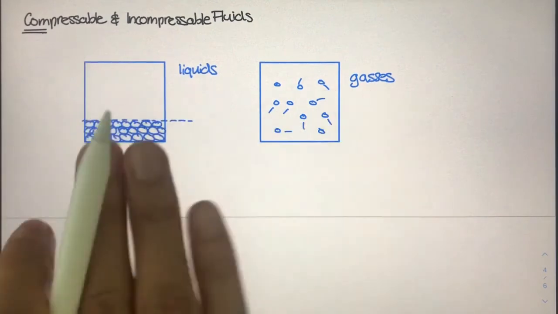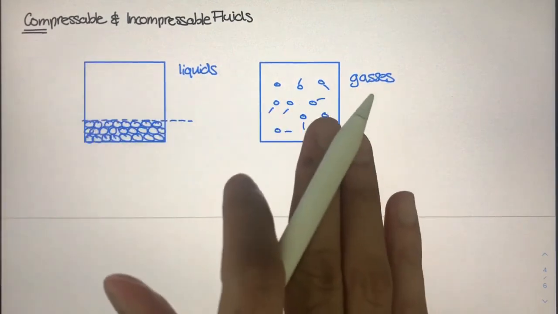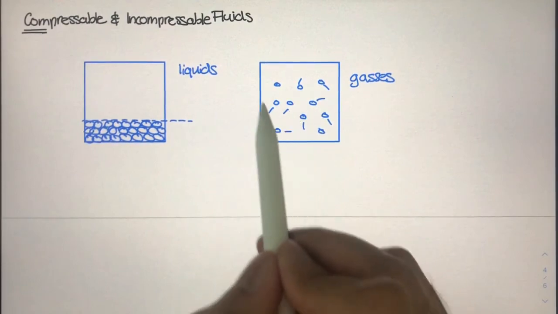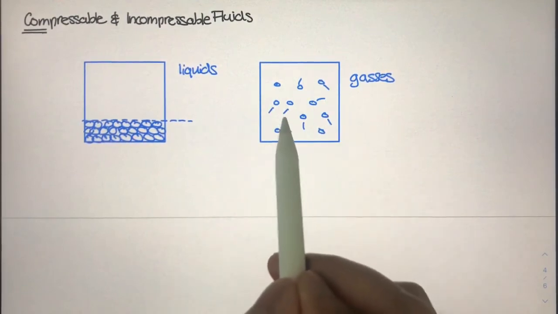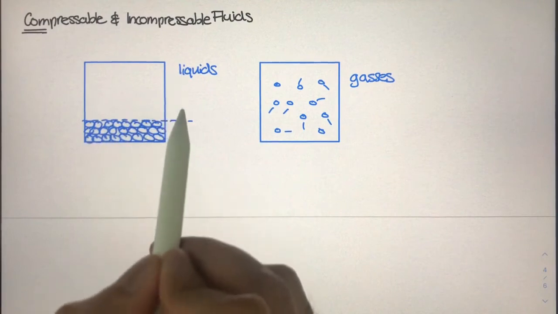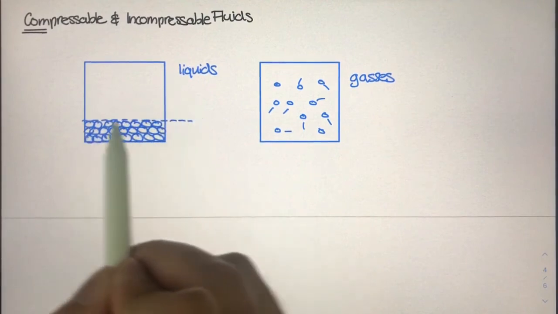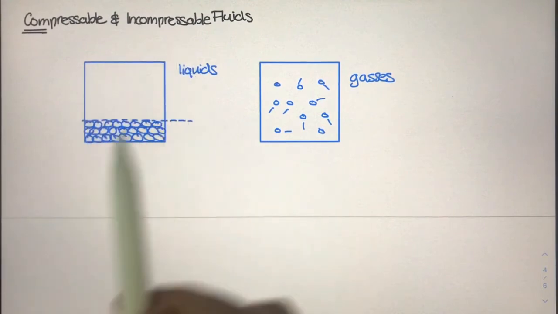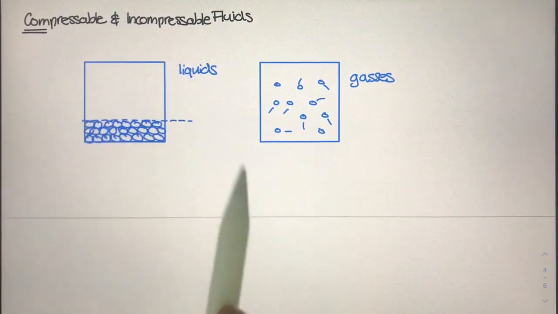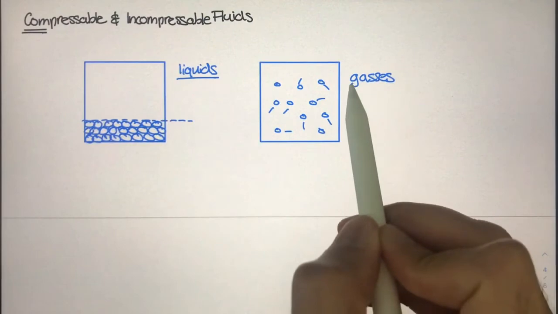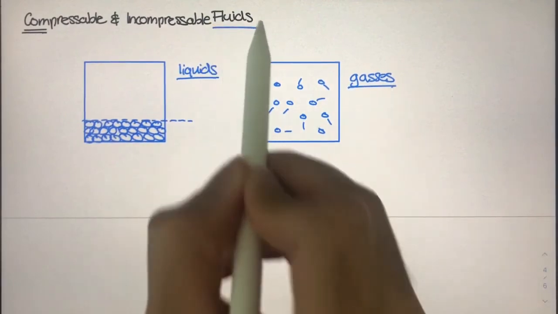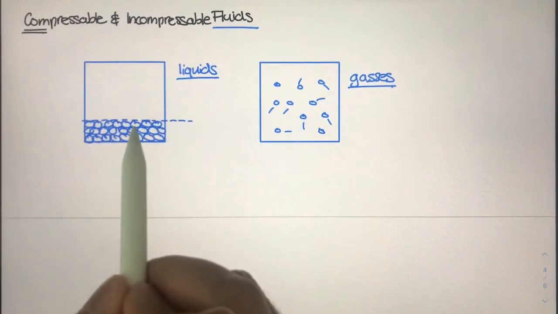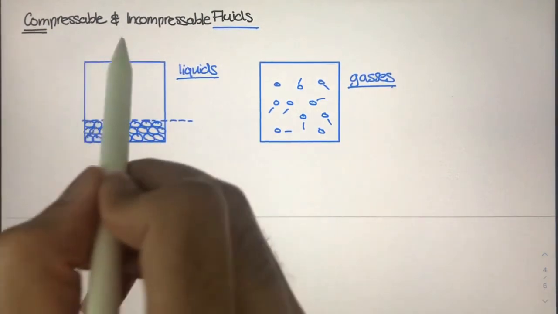Now, the main difference between liquids and gases is the gas molecules here will take up space freely inside of the container, whereas liquids will eventually settle, and that is why this well-defined surface line is so important for understanding liquids. But the biggest idea here is that both liquids and gases are simply types of fluids, where liquids are incompressible fluids and gases are compressible fluids.